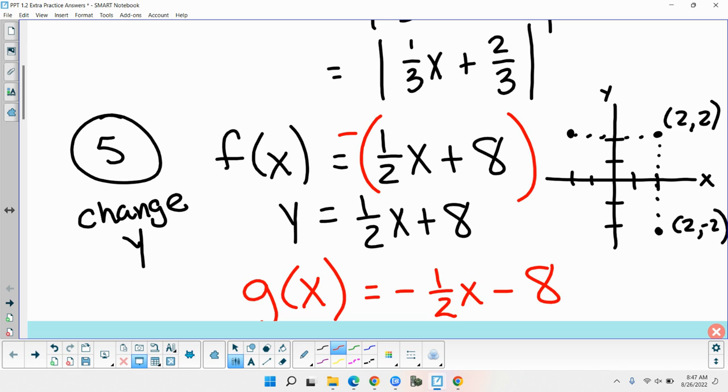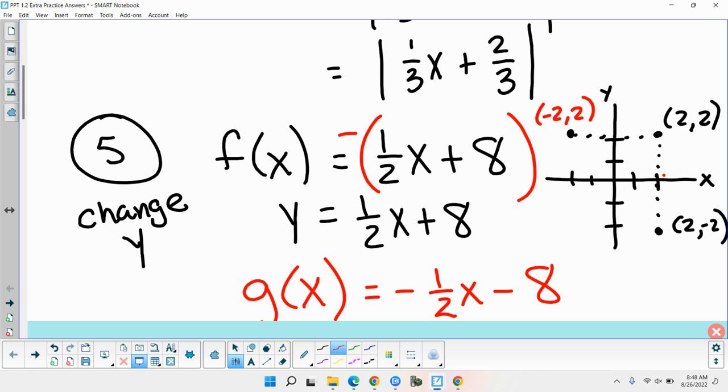So just here was the example. If I started out with the point 2, 2, and I reflect about the x, the same distance, 2 away, my y changed from positive 2 to negative 2. If I was reflecting about the y, okay, I went 2 to the left, my x changes because this point is negative 2, positive 2. So the x changed when it's a reflection about the y-axis.